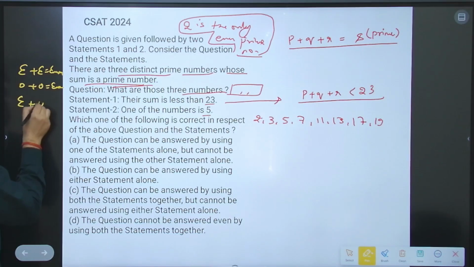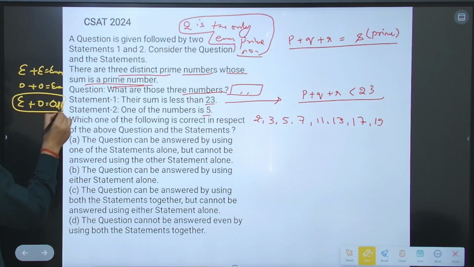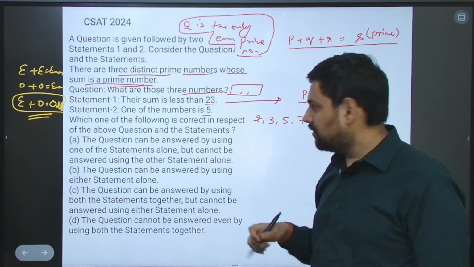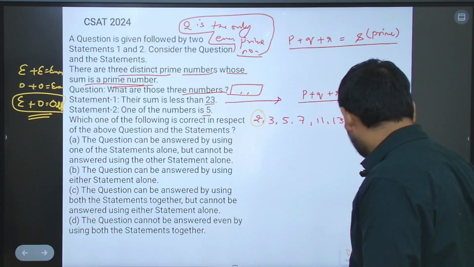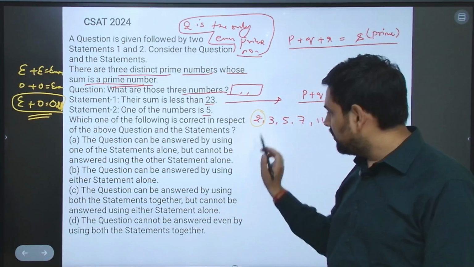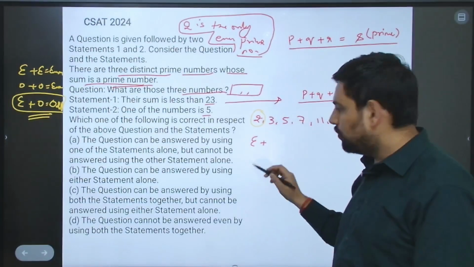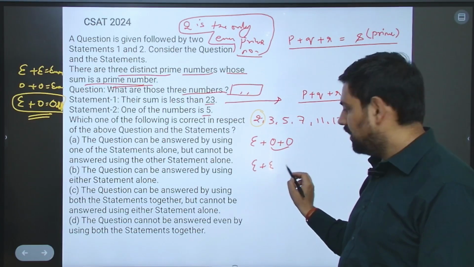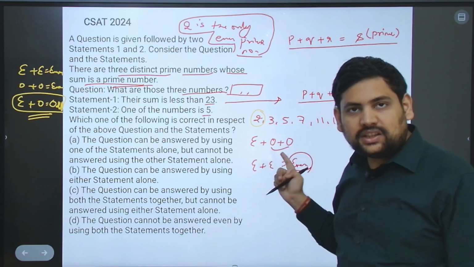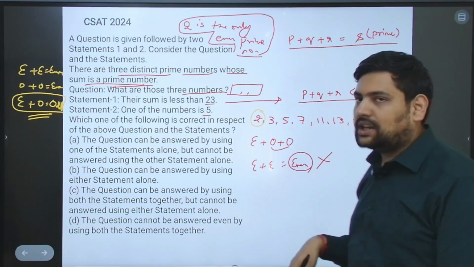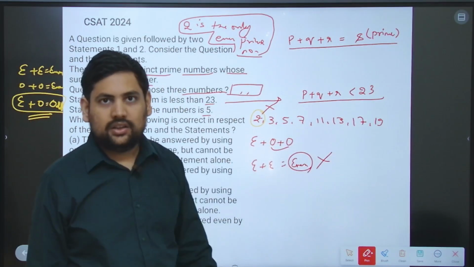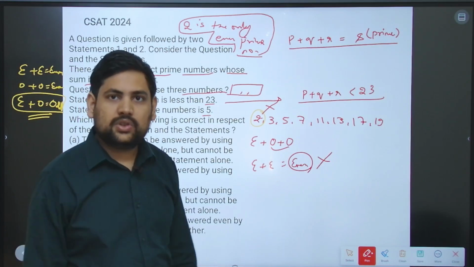Only when you have even plus odd or odd plus even can you get an odd number. And except for 2, all prime numbers are odd. If I somehow take 2, then p plus q plus r is even plus odd plus odd. Odd plus odd is even, so even plus even, and you get an even number. Is there any even number other than 2 that can be a prime? No. That means we cannot take 2 at all in this p, q, r, because that will make my result even, which is not possible.